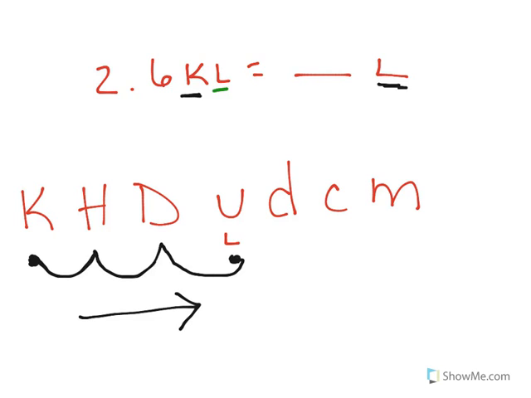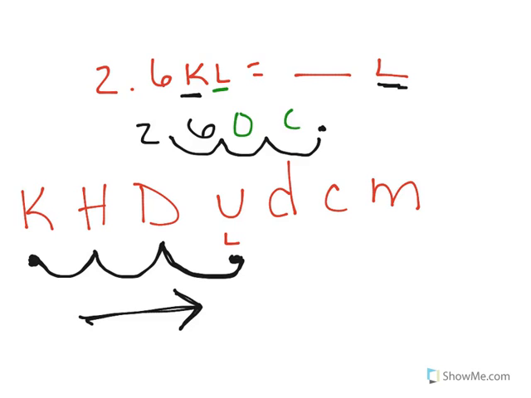For 2.6, I'm going to go 1, 2, 3 spots. Notice I still go the amount of spots even though I don't have a digit that's there. My decimal is now at the end, and I'm going to fill that in with zeros. So really, 2.6 kiloliters is the same thing as 2,600 liters.